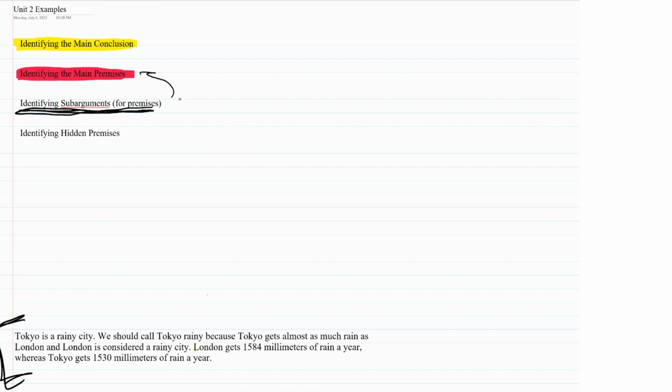So the conclusion of a sub-argument is always a main premise. And last but not least, we have to look at what we've constructed: the premises, the main conclusion, and the sub-arguments. We have to look for any hidden premises, so any premises that are missing. These are premises that are not actually written out in the paragraph. They're only things that we intuit are necessary in order to make our argument deductively valid.